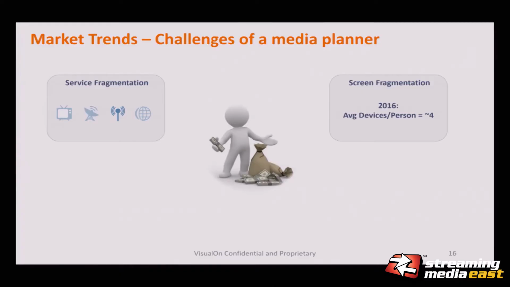So there's service fragmentation. They have to reach TV sets. They have to reach devices over the internet, Wi-Fi, or whatever the means of reaching that device. Then there's screen fragmentation. As of last count, the average number of devices per person that they view content on is about 4. So you need to track which device they're coming from, where they're watching it, how many minutes they're watching, and so on.